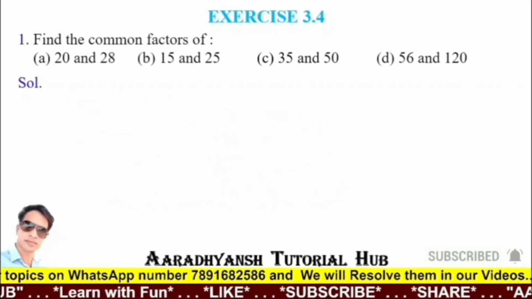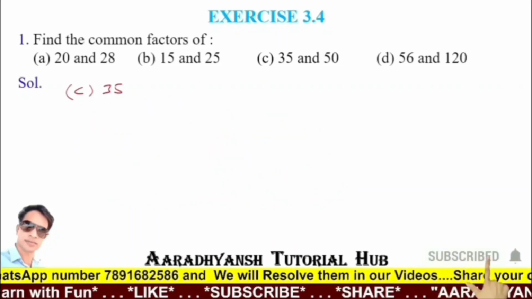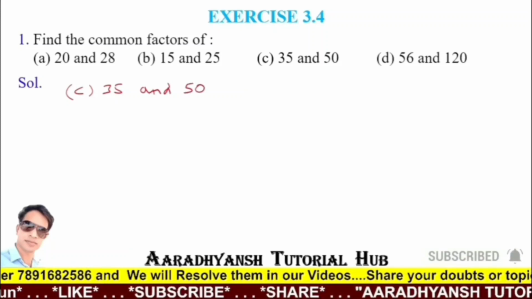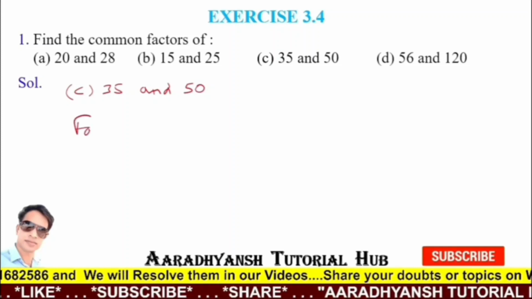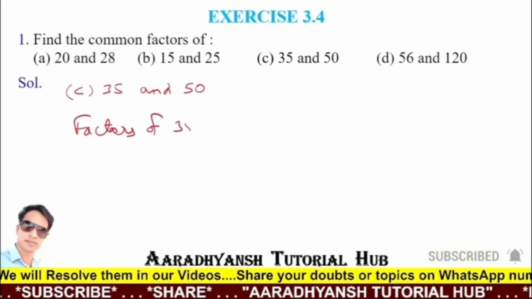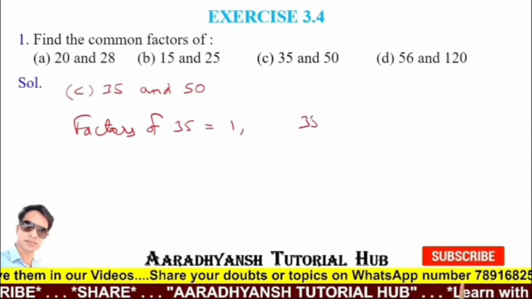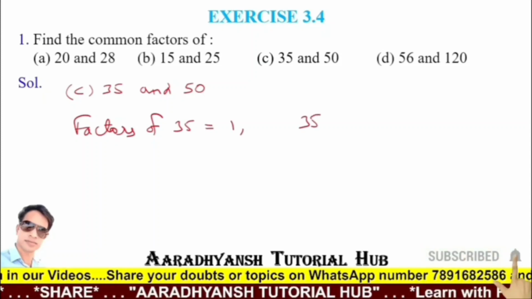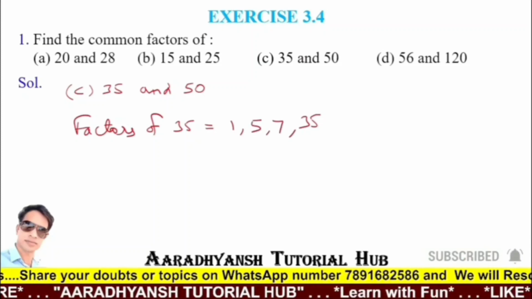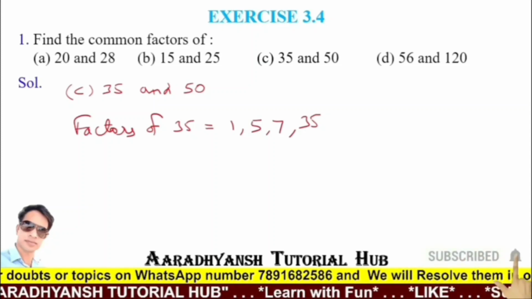Okay. Question C is 35 and 50. Okay. First, factors of 35, 1 and 35, 5 and 7. These are the factors of 35. Okay.